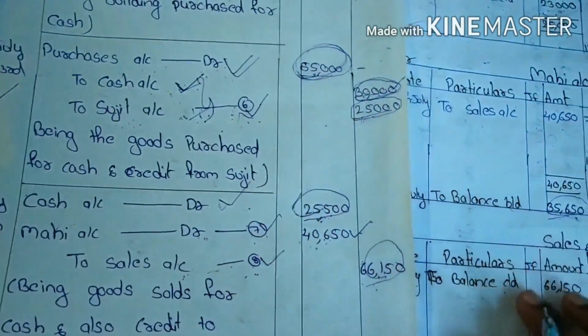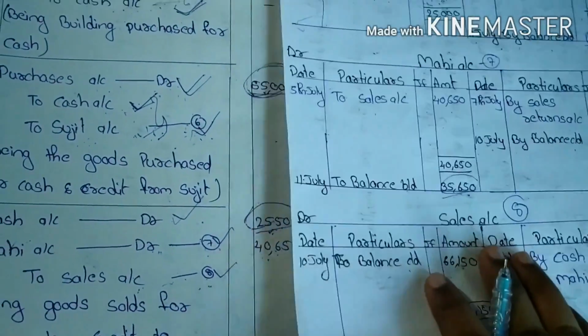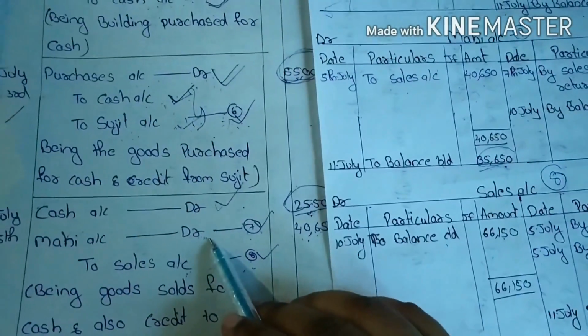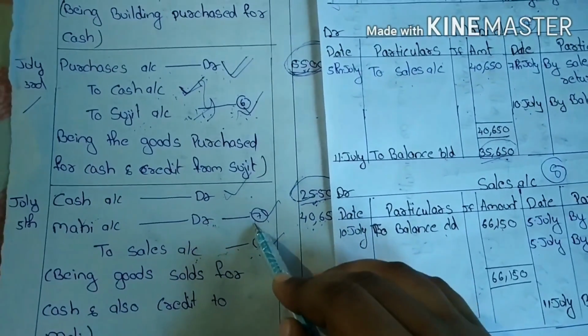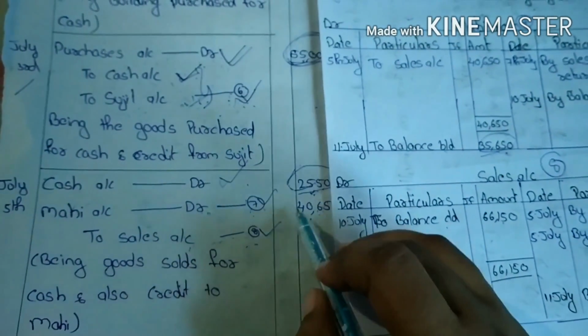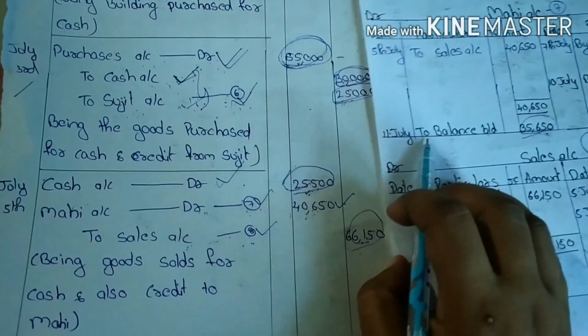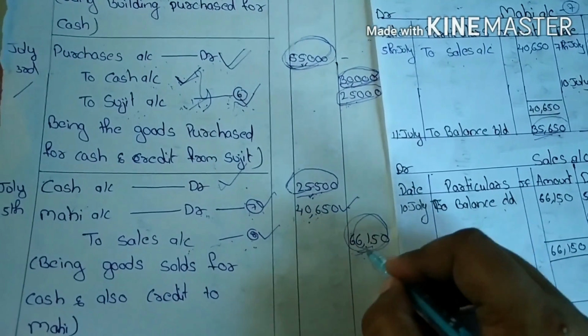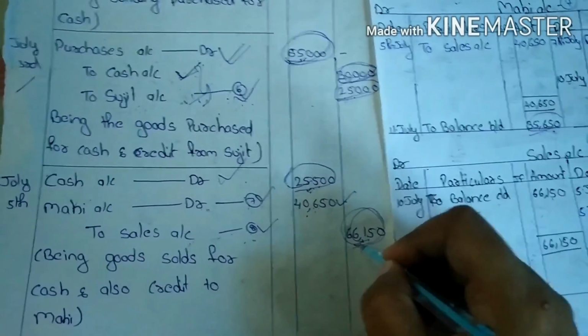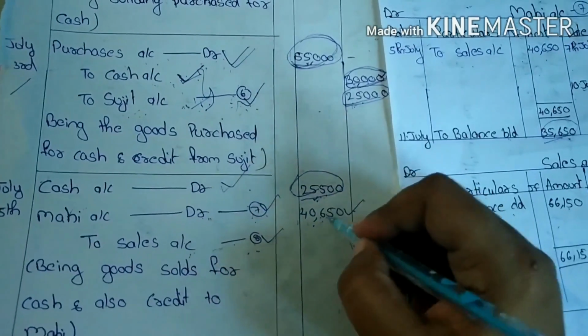So the Mahi account should be opened, right? Here the Mahi account should be on the debit side, right? So on the debit side you have to mention to sales 40,650, because we do not mention the total amount, because in this 25,500 belongs to cash. Only 40,650 belongs to Mahi, right?